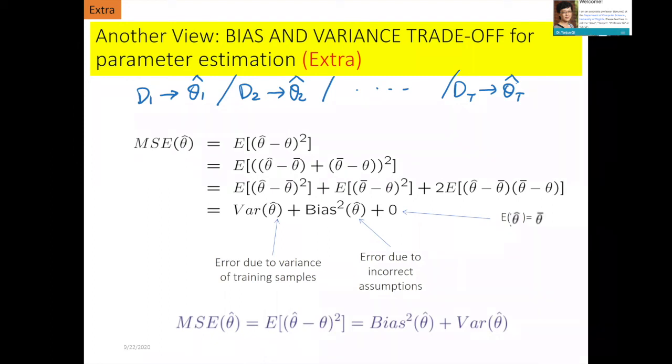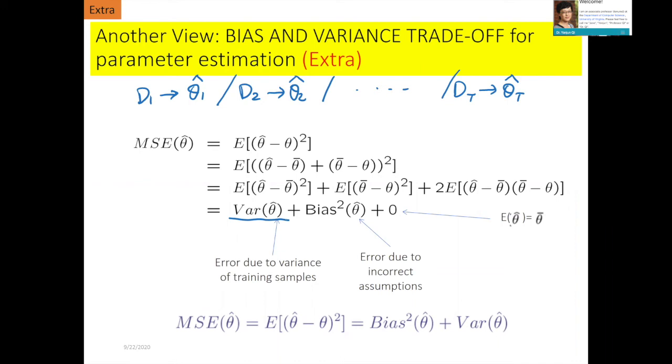So you can actually do the same kind of decomposition. Assuming there's a truth, a true cooking image theta, that's the truth. What's the error of my specific data-generated theta versus the truth? You can decompose it into, again, error due to variance of training data.